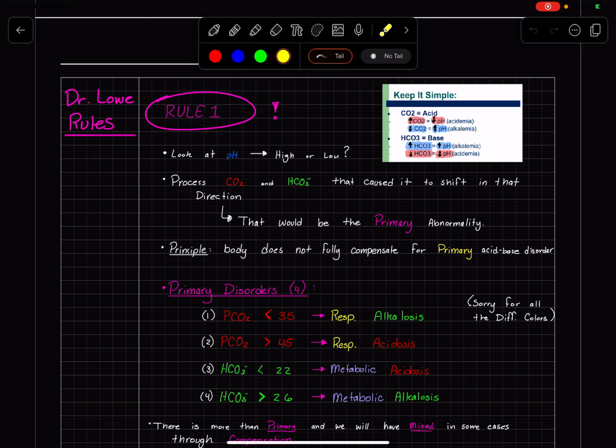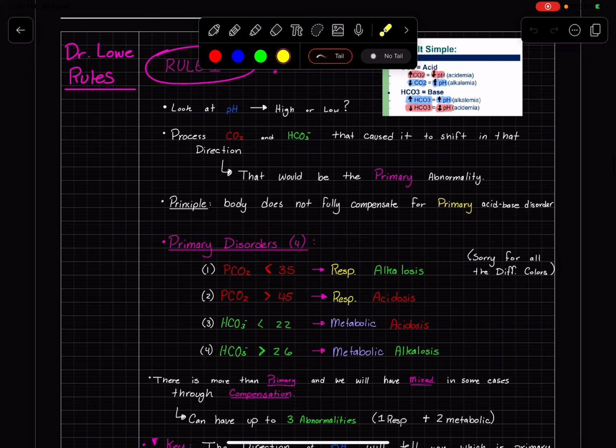So I'll go over the principle. The principle here says that the body does not fully compensate for a primary acid disorder. What that means is the initial thing will happen. Maybe we have a problem with our kidneys, so we become acidic, right?